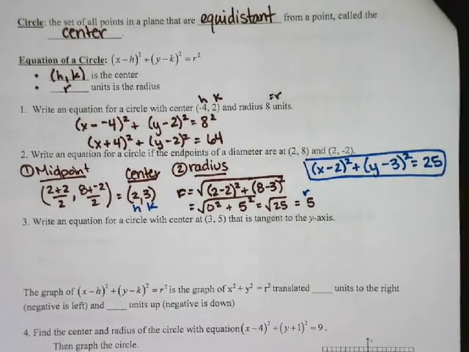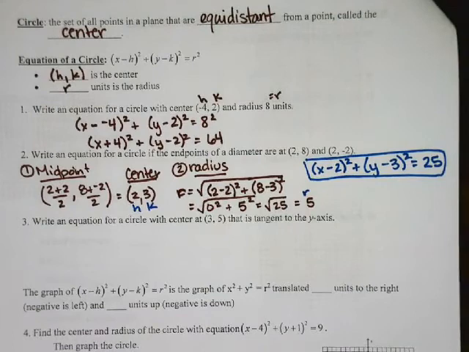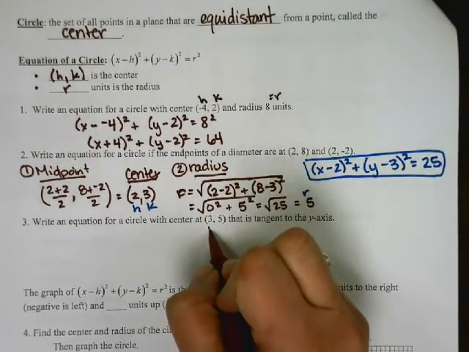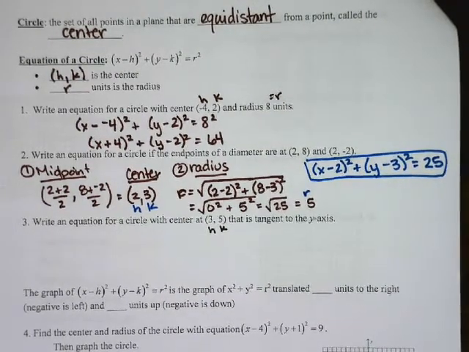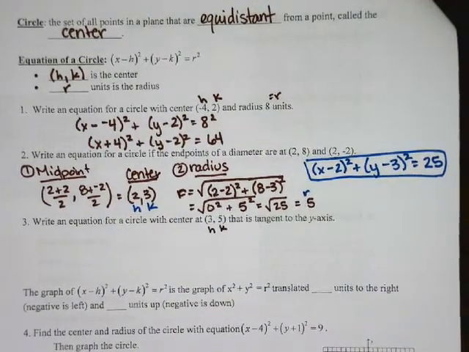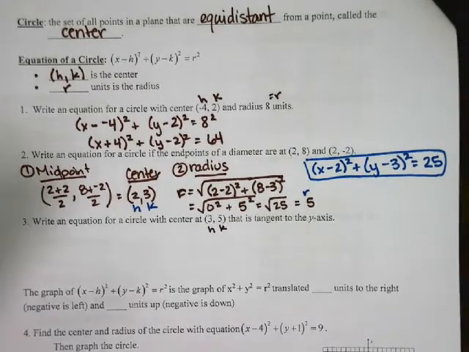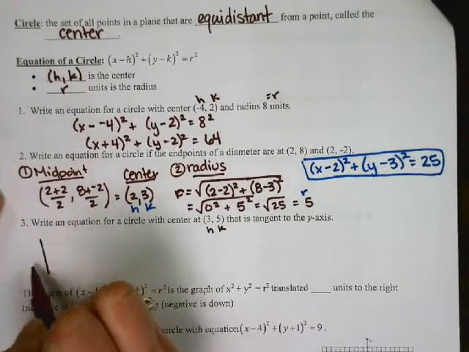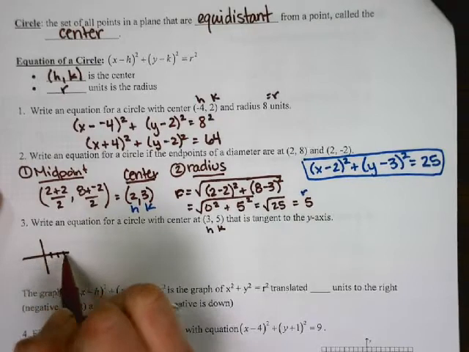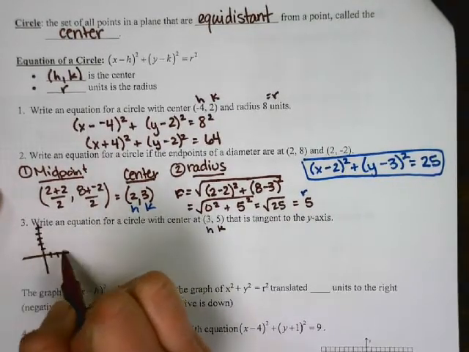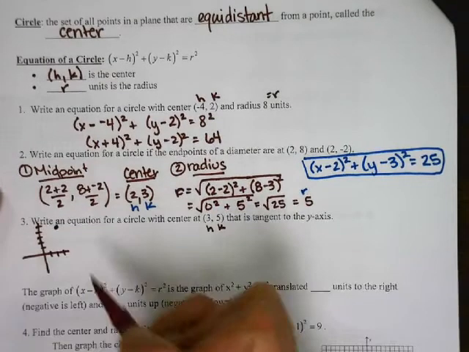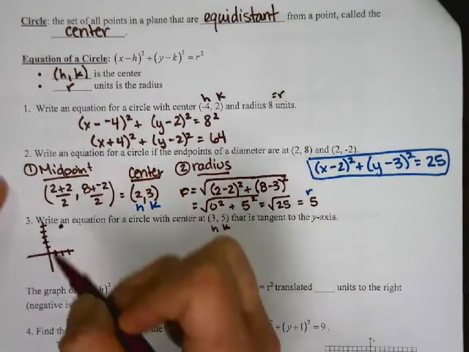All right, number 3 says write an equation for a circle with a center at (3, 5), so there's my h and my k, that is tangent to the y-axis, meaning it just touches the y-axis at one point. Okay, well let's think about this. (3, 5). So there's my center. It touches the y-axis.